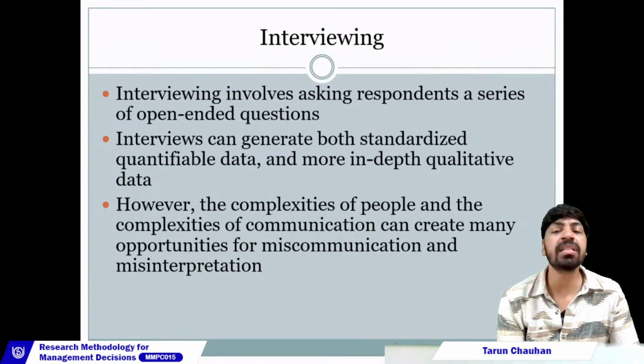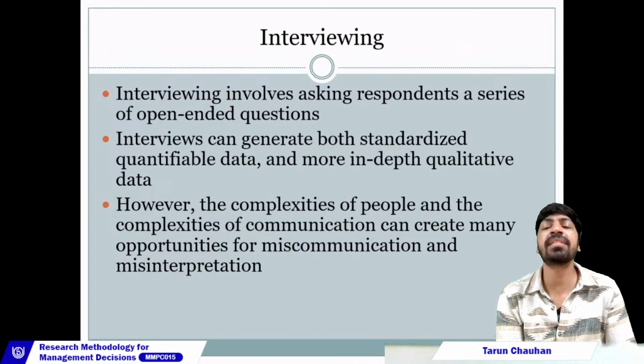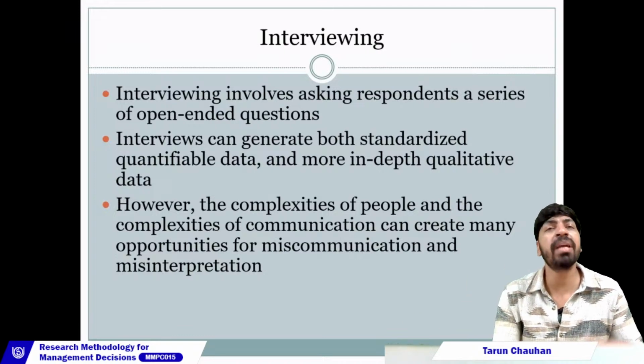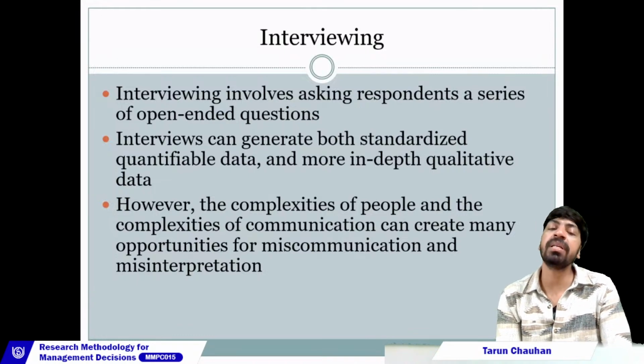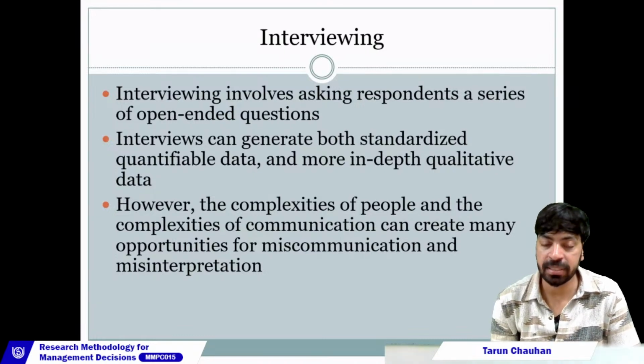Definitely, the complexities of people and of communication exist, and many opportunities could be created for miscommunication and misinterpretation when it comes to interviewing various respondents.